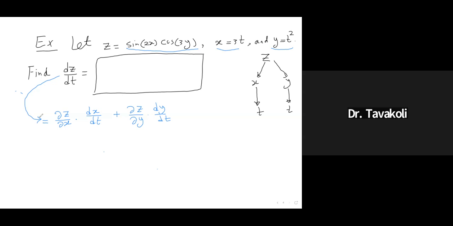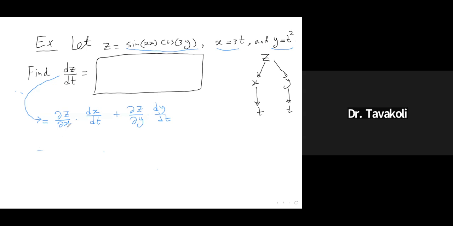So what is the partial derivative of z with respect to x? Look at the top, z is sine of 2x, cosine of 3y. So I should look at cosine of 3y as a constant. And for sine of 2x, its derivative with respect to x using the calculus 1 chain rule is 2 cosine of 2x.